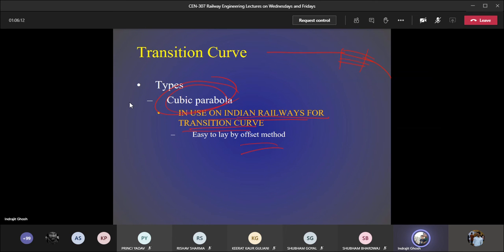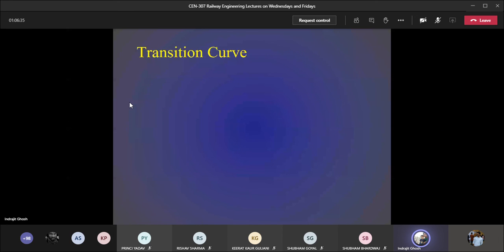So in order to set those curves, we do not need much knowledge. The only thing is that if we can provide them some background information which they can follow in order to set out the curve using the offset method, they will be able to do it at the site location. So that's why, keeping in mind this point, we use cubic parabola.